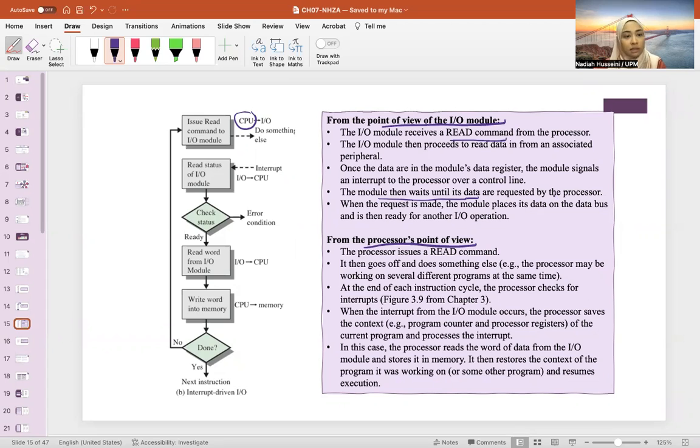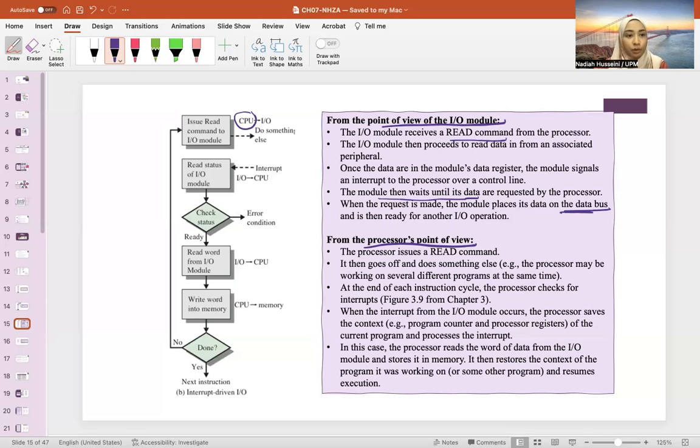So when the processor has completed the cycle of whatever instruction it was doing, it responds to the interrupt and lets the IO module know that it is ready. The IO module will then place the requested data on the data bus. Remember, our IO module is connected to a system bus that has data, control and address lines, right?